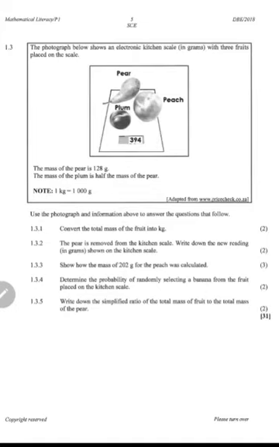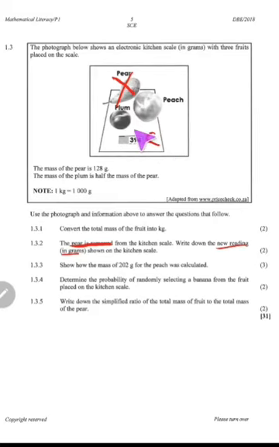Our next question, question 1.3.2, they say the pear is removed from the kitchen scale. Write down the new reading in grams shown on the kitchen scale. So the current reading is 394. How much should the new reading be on the scale? In order to determine that, we need to know what the full total is.